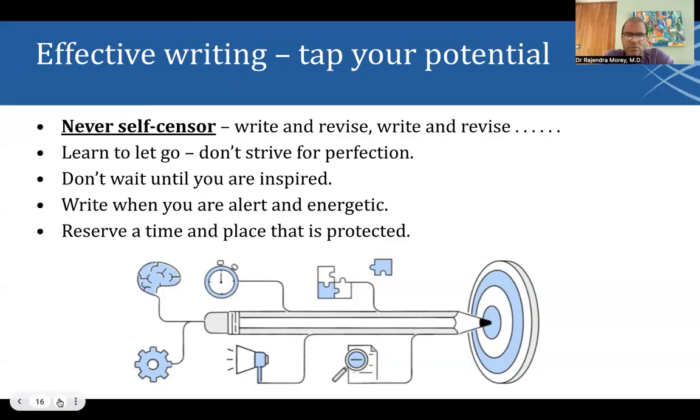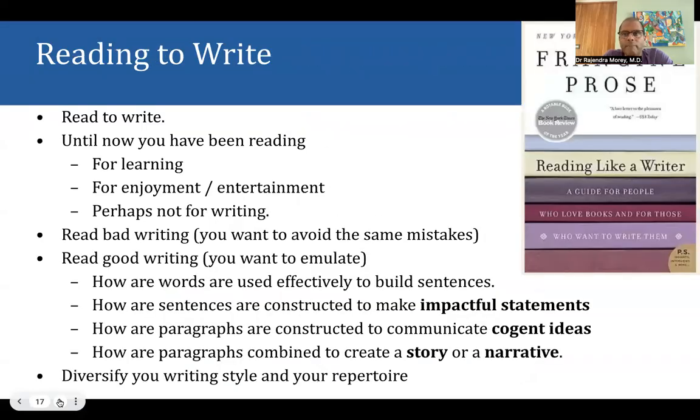You just need to start writing down facts. And you can do this, but remember to do this when you're alert and energetic, and reserve a protected place and time for writing. So, number one, never self-censor.